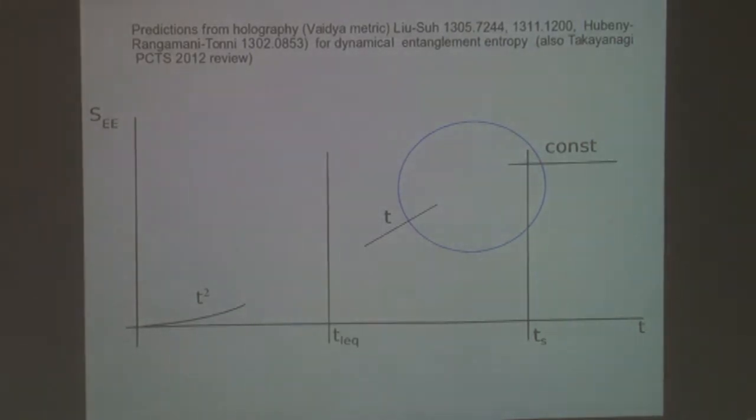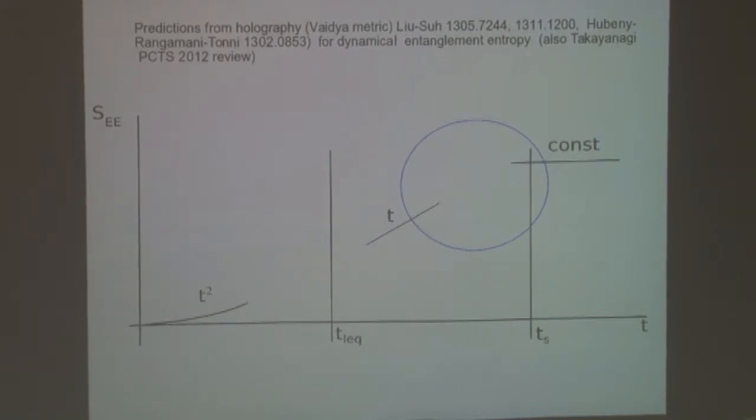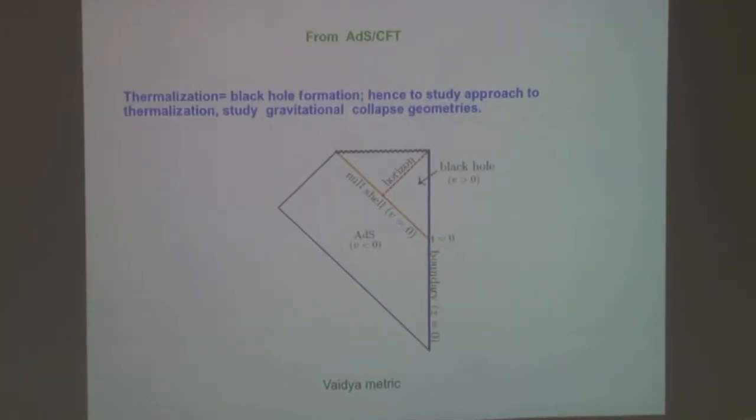So a sample of possible universal behaviors which come from this kind of metric is here, and what this graph shows is the behavior of the time-dependent entanglement entropy. Entanglement entropy, I believe most of us here know what that is. This is in the context of ADS-CFT. The CFT is supposed to live on the boundary, and this is of course the space-time of the CFT.